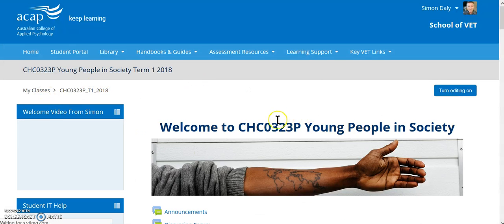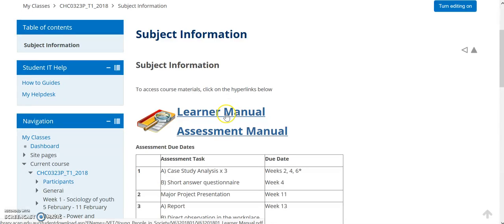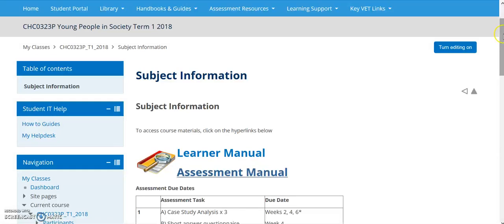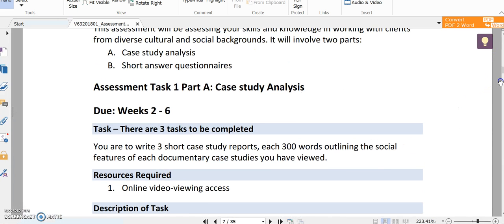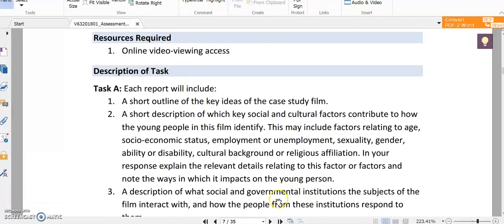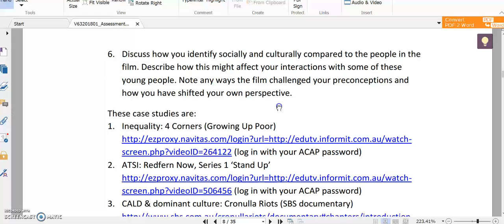You can find that from the main page: subject orientation, subject information, learner manual, assessment manual, and you can find information in the book that you can download. In the download, you will find the video resources links are in here as well, and here they are.